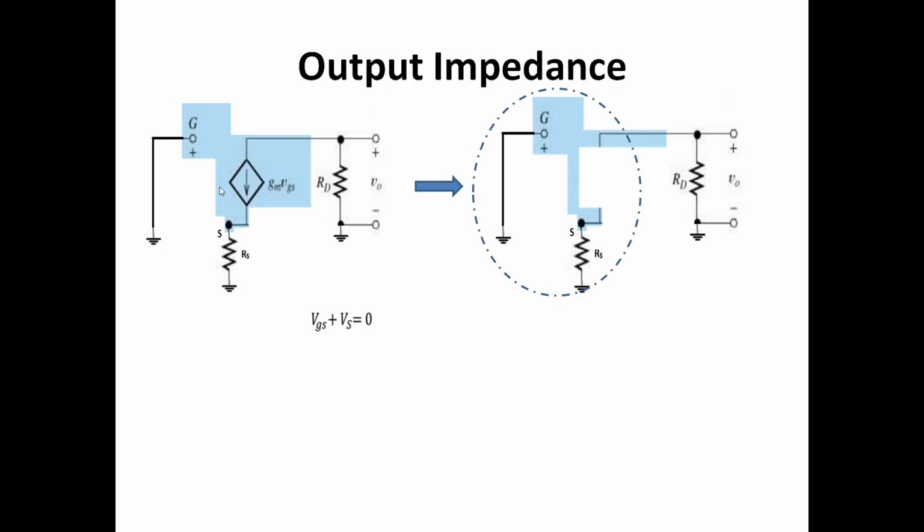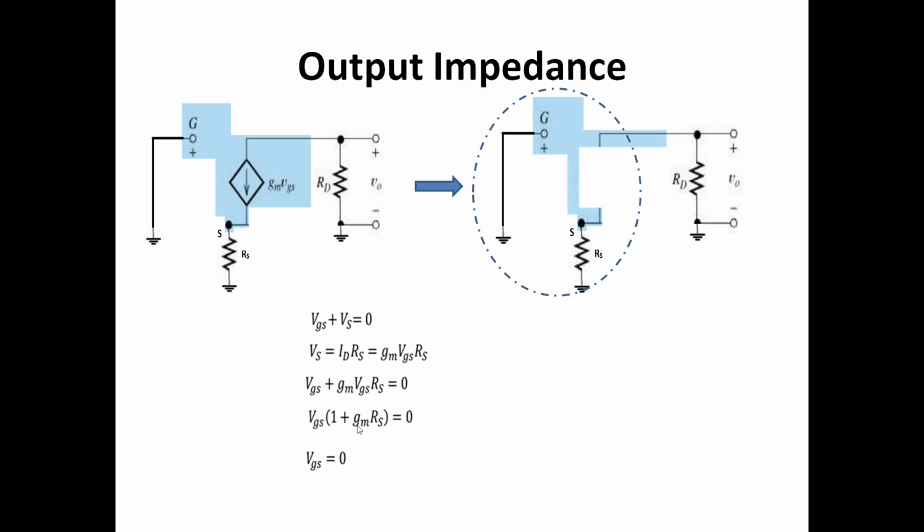So VGS plus Vs equals 0. Now we know Vs equals ID RS, so Vs equals GM VGS RS. So VGS plus GM VGS RS equals 0. Now if we take VGS common, we get this equation, and from there we can write VGS equals 0.